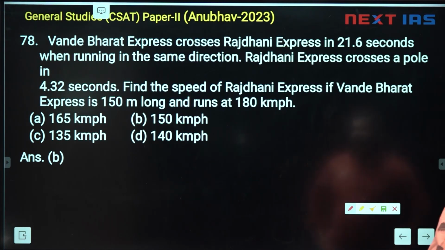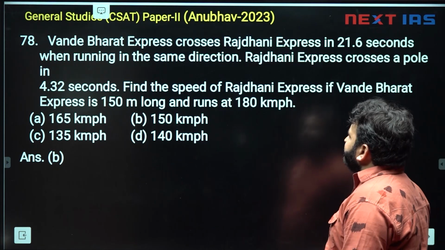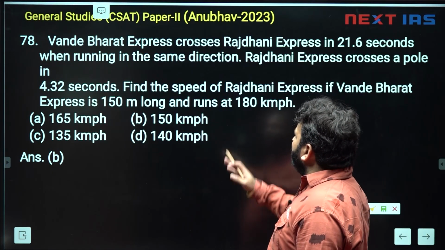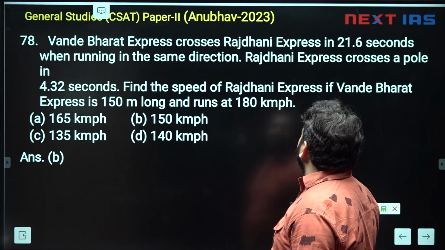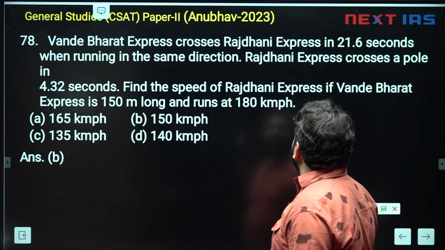So now in this case, Vande Bharat Express crosses Rajdhani Express in 21.6 seconds.